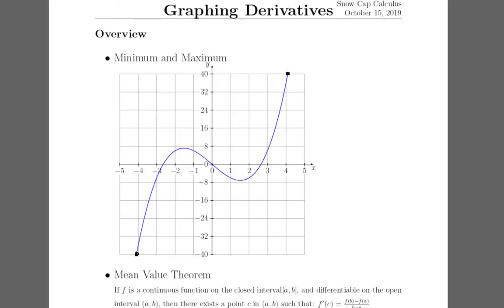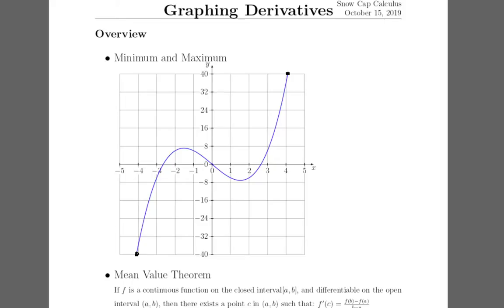If you're only looking at that interval that we have here, those would be a minimum and maximum. We're more interested in things called local minimum and local maximum, which is to say at any point there is a maximum output for the function of x when you have x over a certain interval.